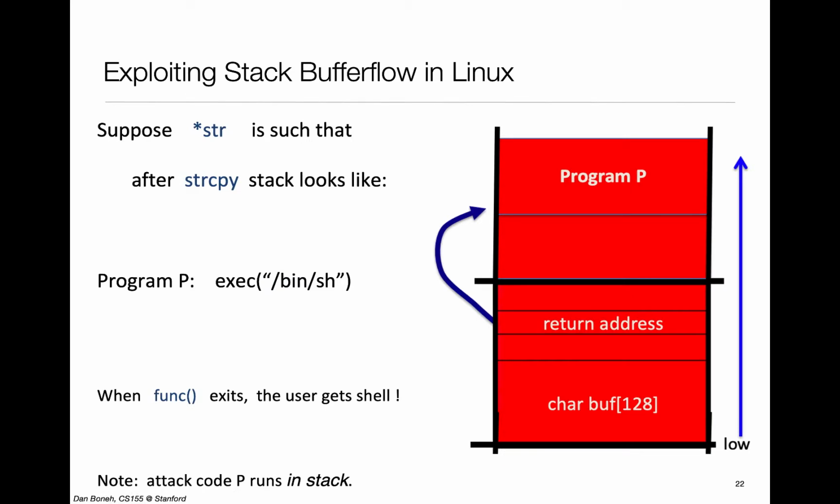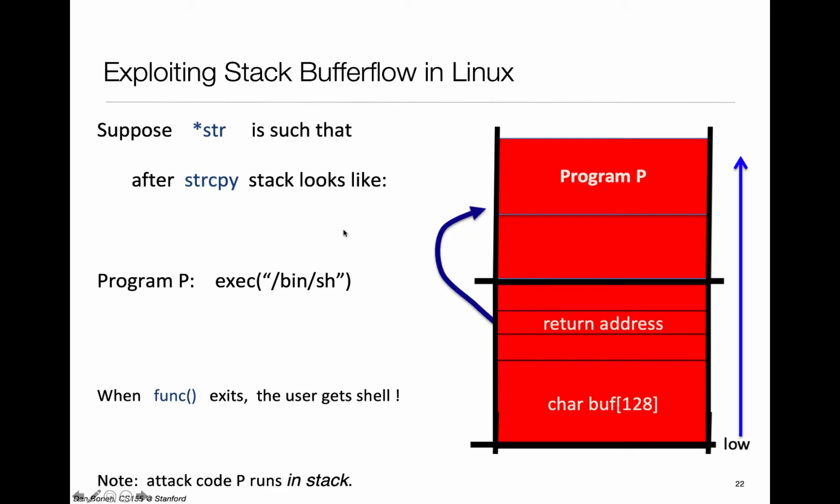So let's say now the attacker actually created some larger buffer where the input string not only overwrote the return address, but it included some extra buffer at the top that included some program P. So they overwrote the return address such that when this function exits, it would actually return into some code here.